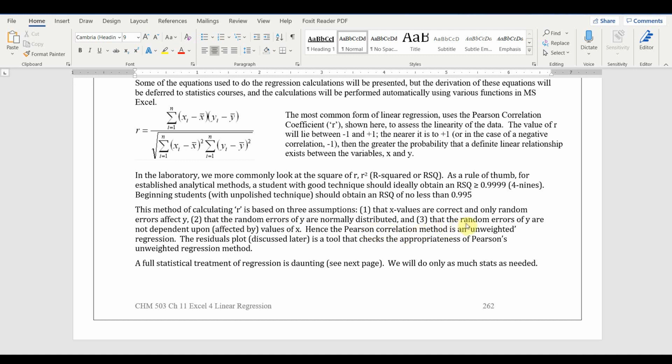And thirdly, the random errors of y are not dependent upon or affected by the values of x. In other words, as the concentration increases, the random error should stay the same. Hence, the Pearson correlation method is called an unweighted regression. The Residuals Plot, which we'll look at very soon, is a tool that checks the appropriateness of Pearson's unweighted regression method.